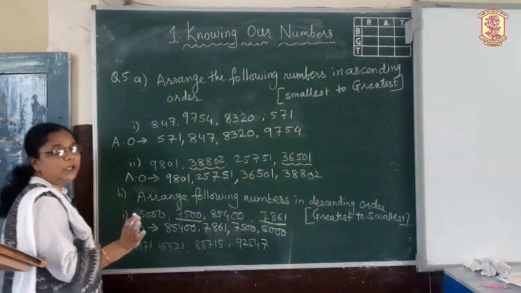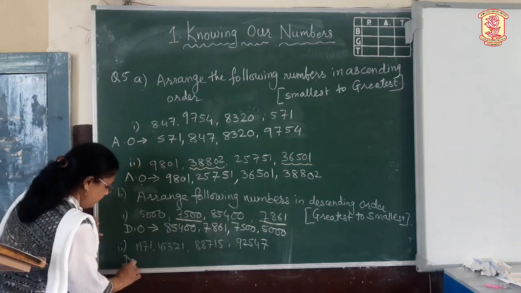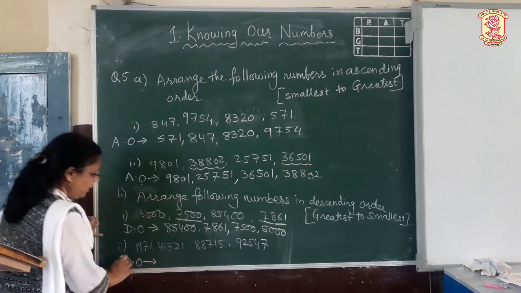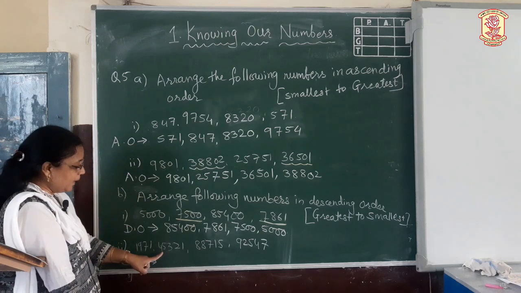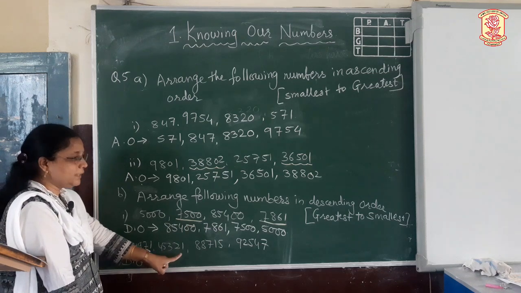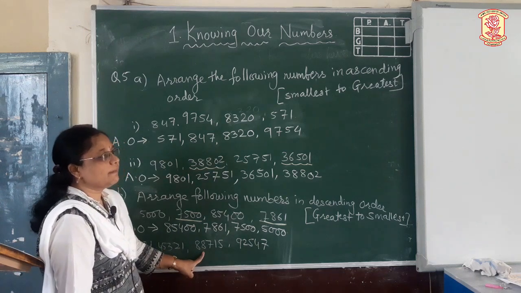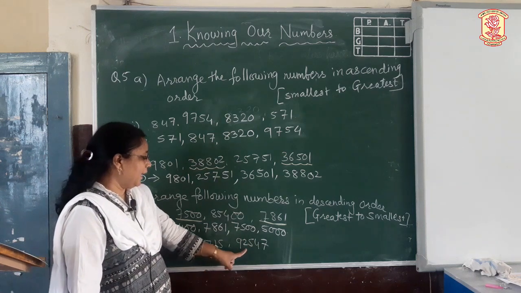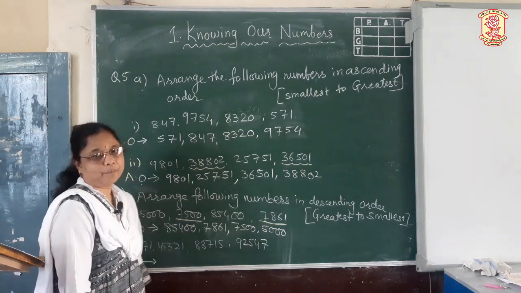Now question number 2. First number is 1,971. Second number is 45,321. Third one 88,715 and last one 92,547.